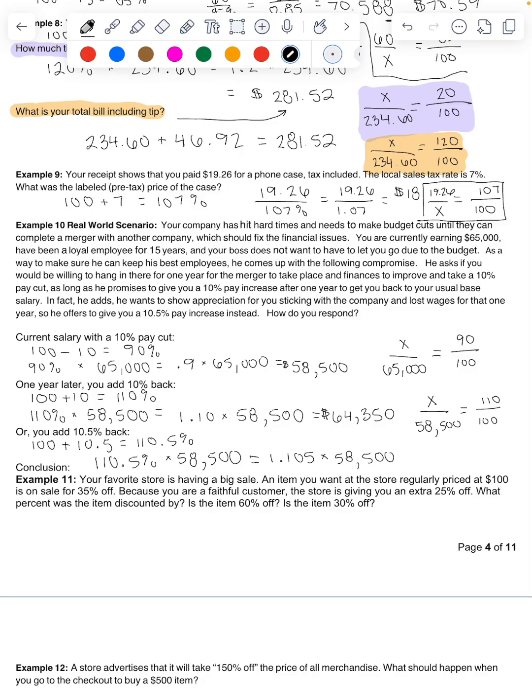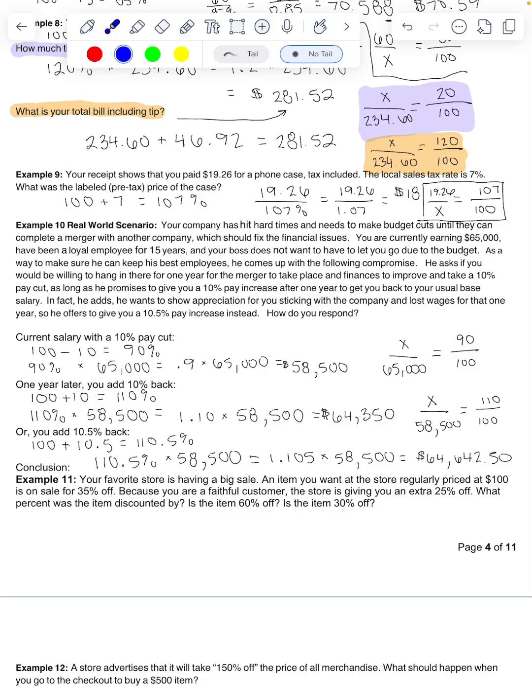I get that I am now going to make $64,642.50. And if you wanted to set it up as a proportion, it would be identical to this, but you would have 110.5 right here. So the bottom line is it's not a good deal.